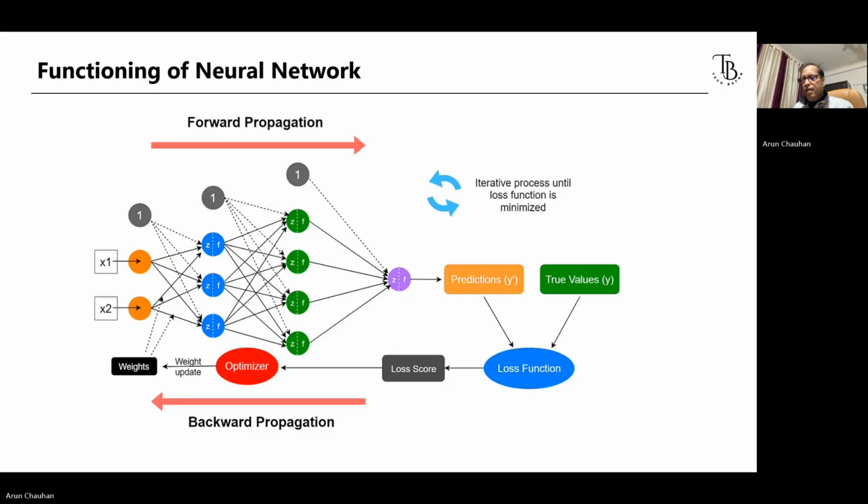Now, as we know, these decisions are nothing but predictions, so there will always be a possibility that it may not be accurate, right? So we need to compare with the true values. We need to understand the difference between the true values and the prediction, right? And that's where the loss function comes into the picture.